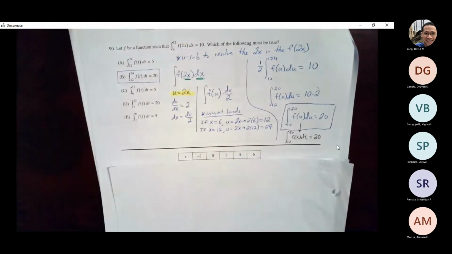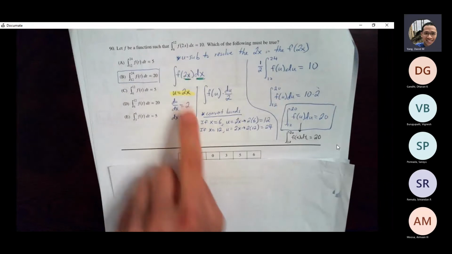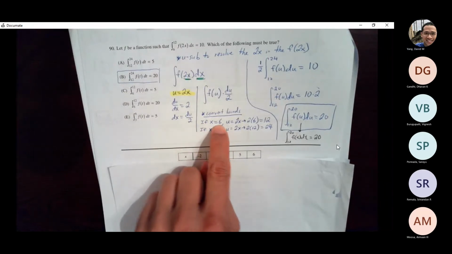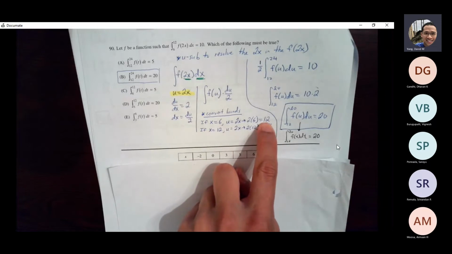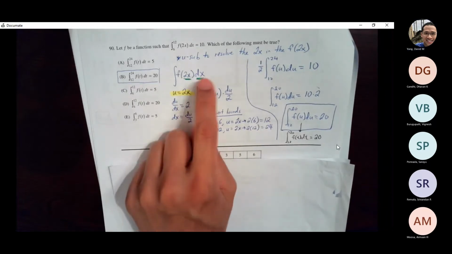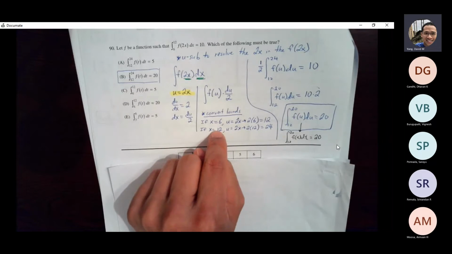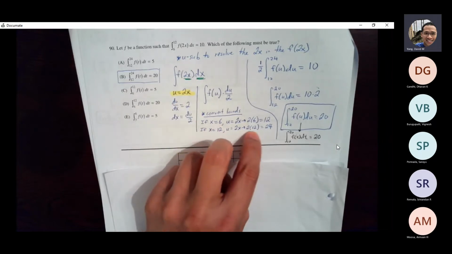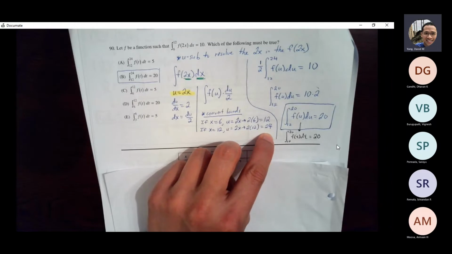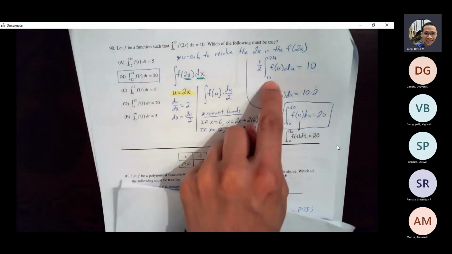So I'll take that 6, insert that 6 in for the x. 2 times 6 is 12. So that's my lower bound. Upper bound was 12. Insert that 12 in for the x. 12 times 2 is 24. So I'm going from 12 to 24.